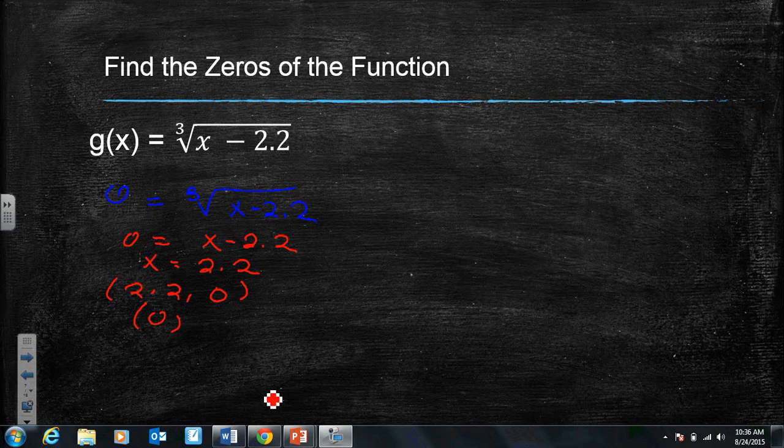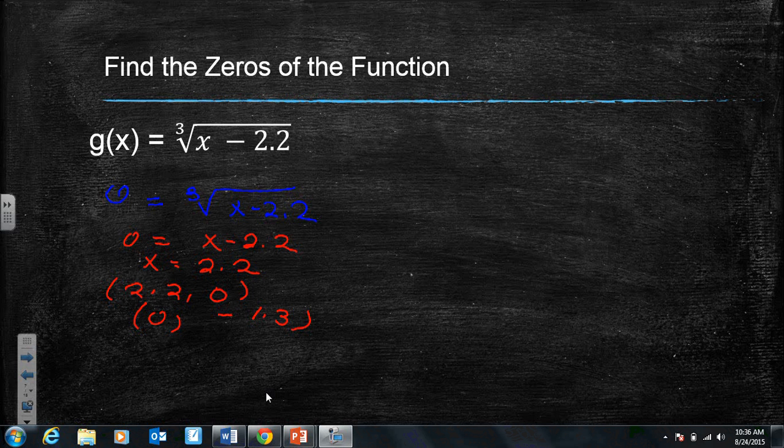Someone with fast fingers on your calculator, what's the cube root of negative 2.2? Negative 1.3. Okay. Because negative 1.3 times negative 1.3 times negative 1.3 gets us roughly negative 2.2. Okay? So let's see what it looks like.